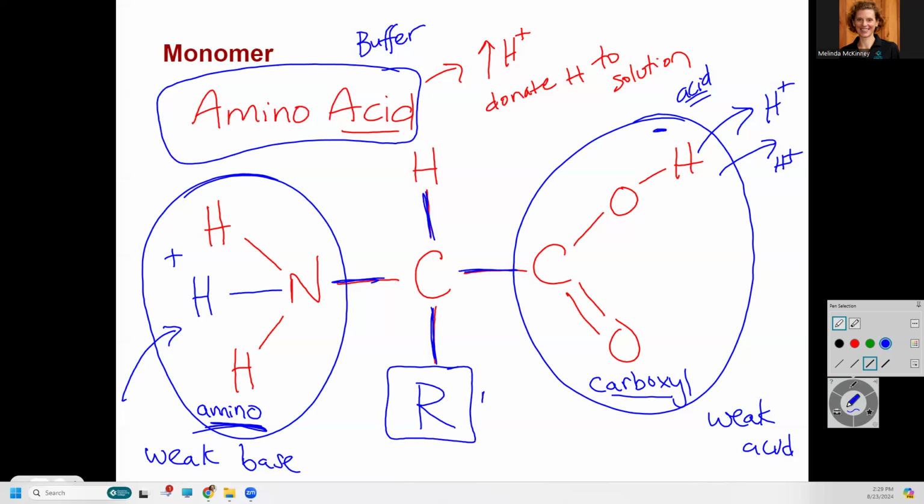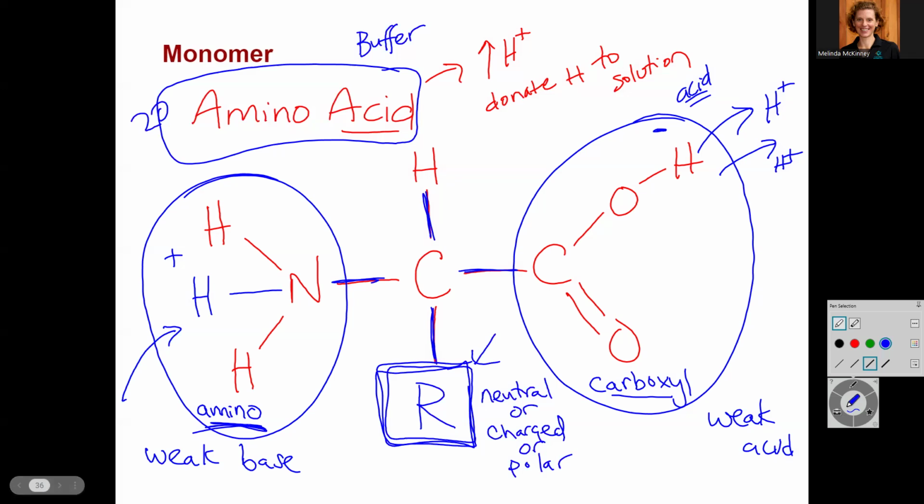And some of them are going to be neutral, or they can be charged, or they can be polar. So there's the variety here. This R, I always think of this as the remainder of the molecule. And there's 20 different types of amino acids. Each of them has a different R group. Okay.